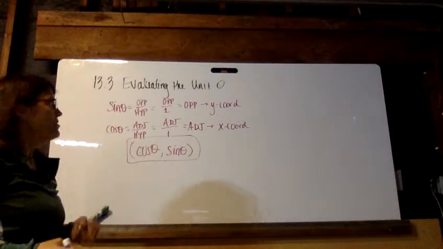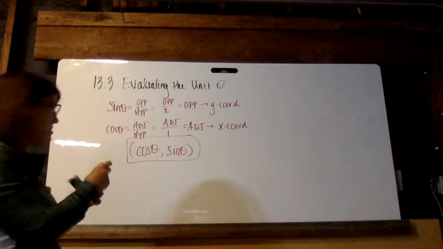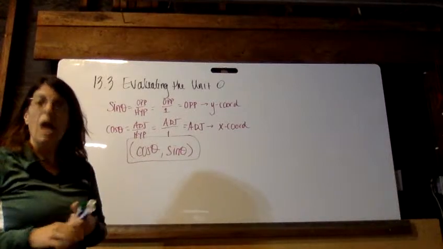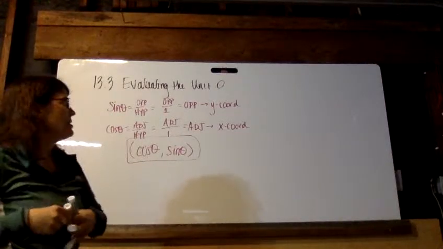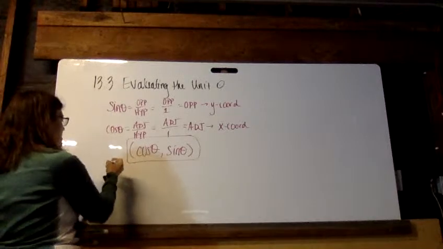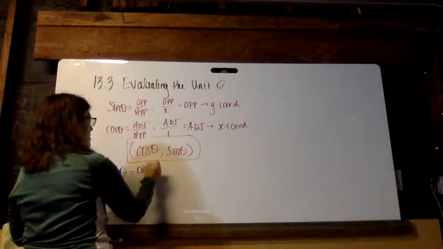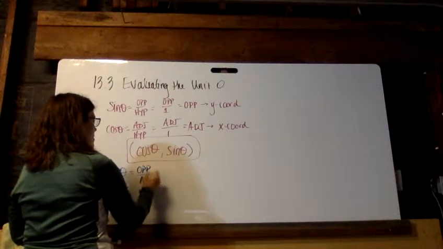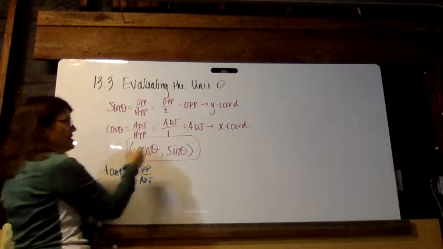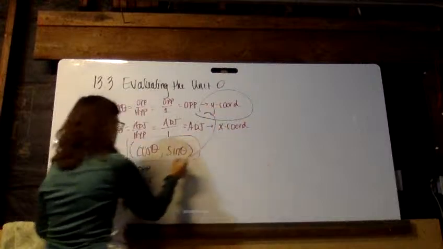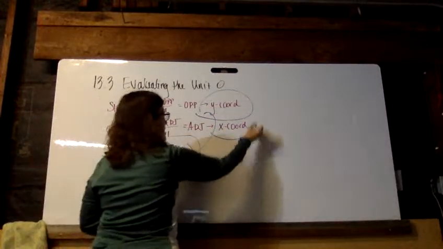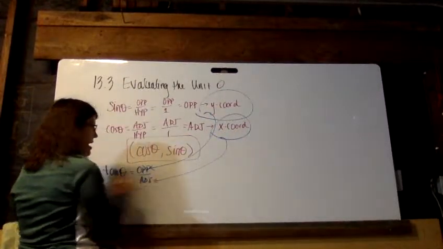Okay, tangent. So tangent is opposite over adjacent. Opposite, y coordinate. Adjacent, x coordinate.